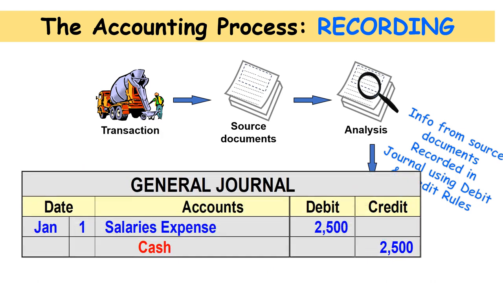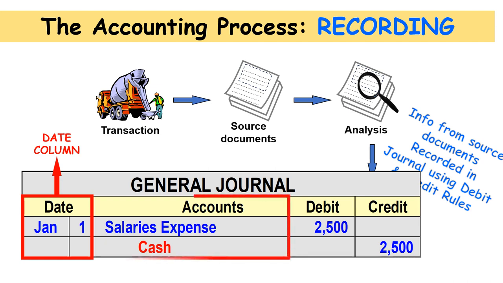So this is how a journal works or looks like. Now a journal has four columns. There is a column for date. Every source document will have a date on it, so you're going to put the date there. There will be a column for accounts. Here you have to put the titles of the accounts.